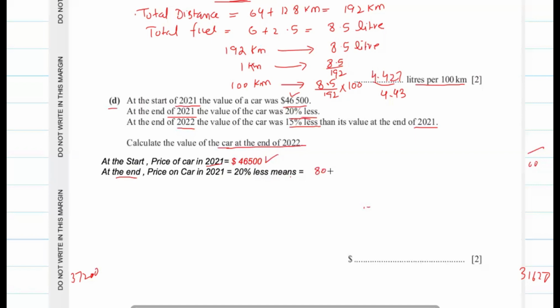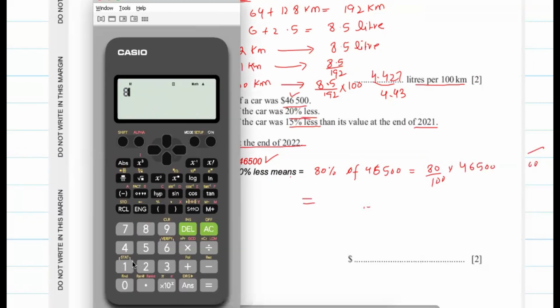Therefore, this value will be 80% of 46,500, equal to 80 over 100 multiplied by 46,500. This is 80 divided by 100 multiplied by 46,500, and this value is equal to 37,200.